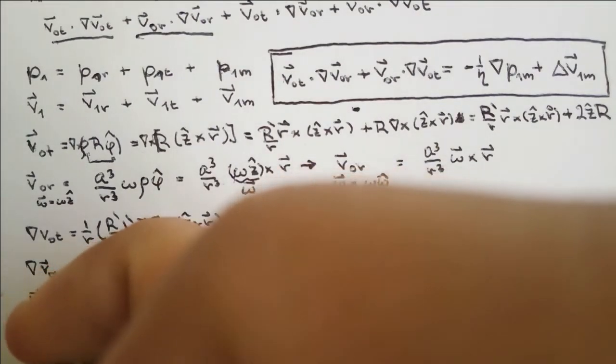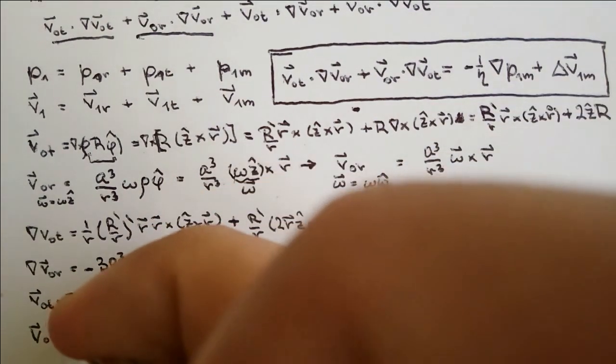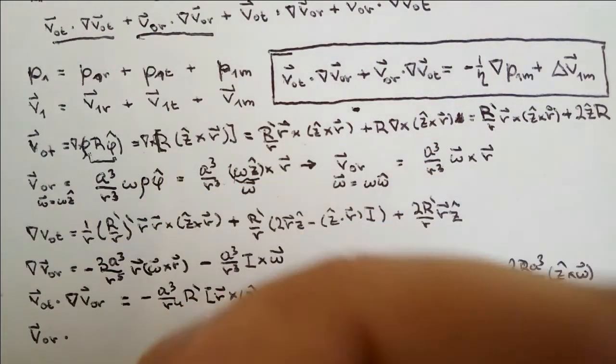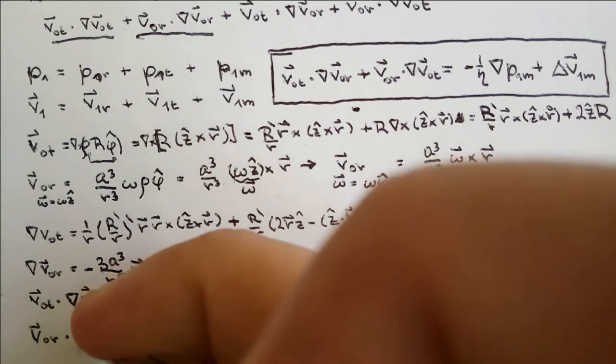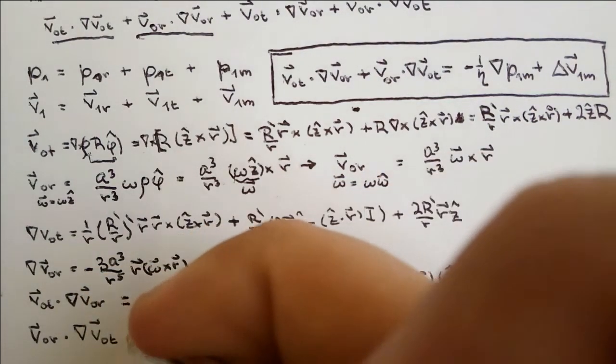Again, for the second part, you have to compute v_0^R with the gradient of the translational v_0^T.